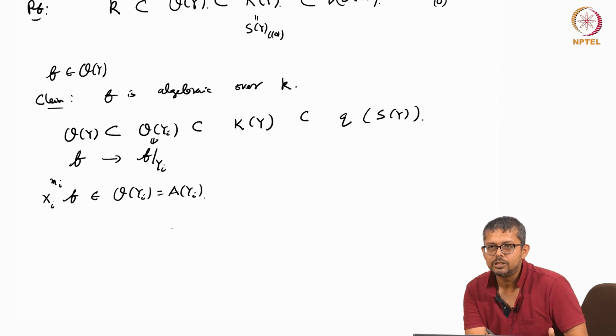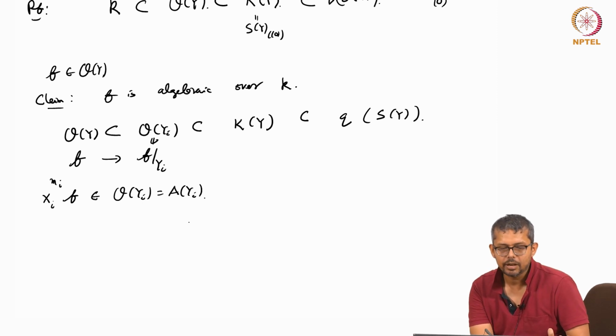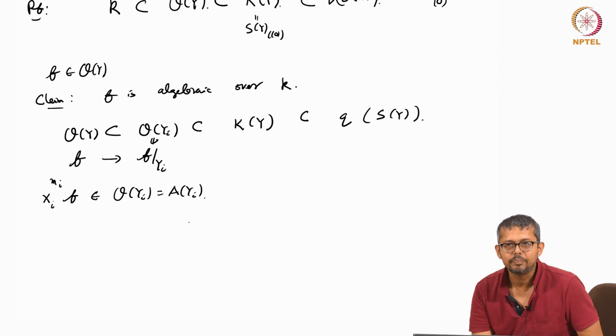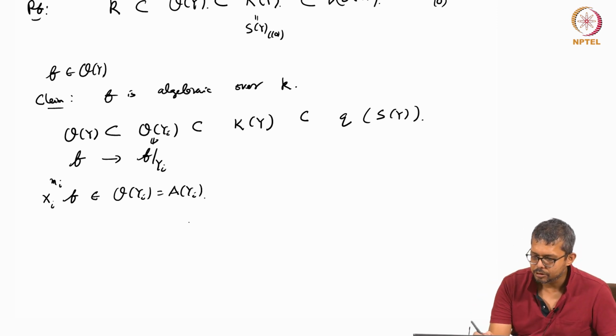It is g, which is an element of A_{Y_i}. So for every i I can choose an m_i. You do this for every i.